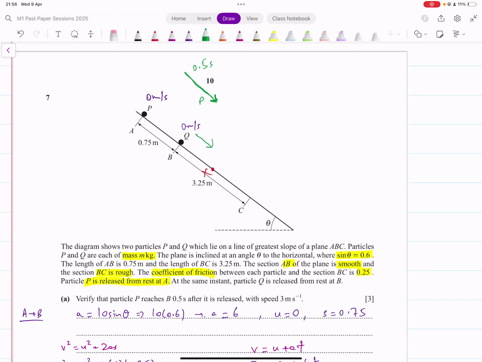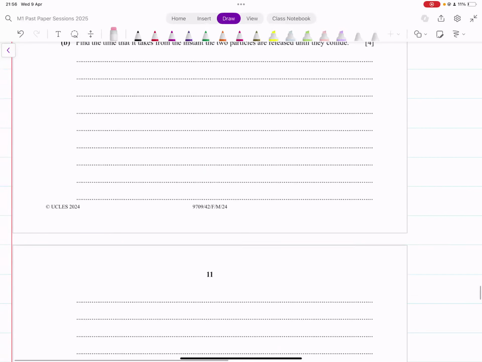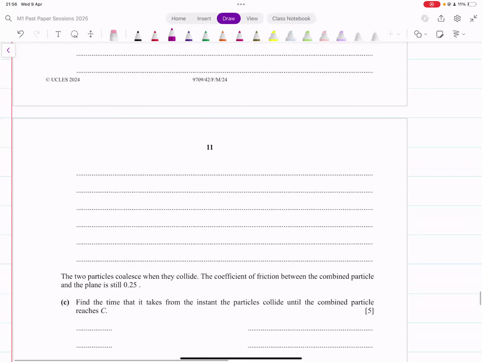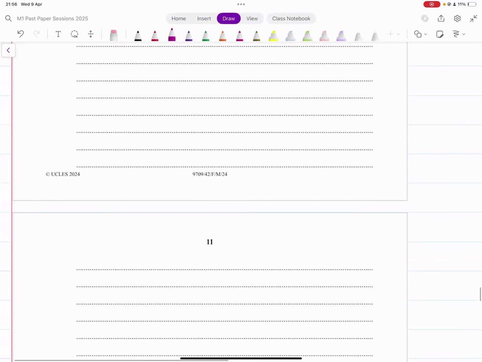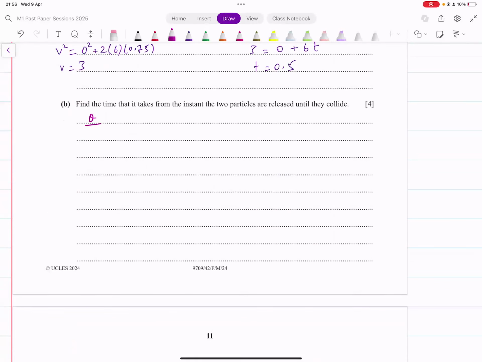Because 0.5 seconds have passed. How much distance would Q have moved down the plane? Can we find that somehow? Let's talk about what happens to Q in the first 0.5 seconds. Okay, let's start with that first of all. We're talking about Q. Q is moving down the plane.